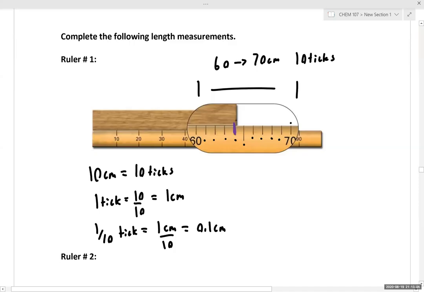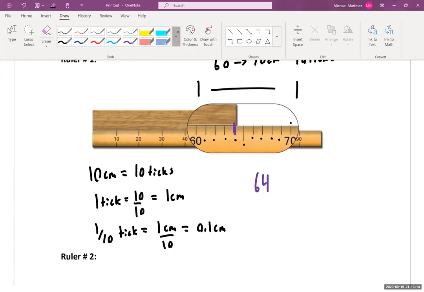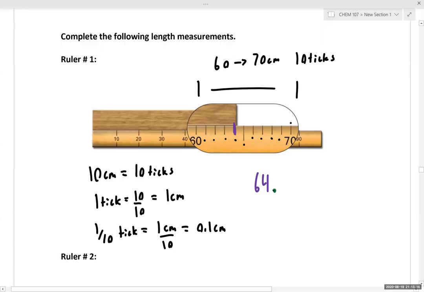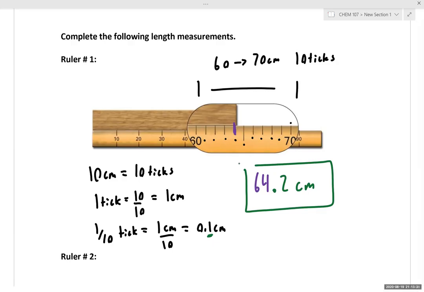We're past the 64 centimeter mark, so we report 64 as our certain digits, and then we estimate one other decimal place in the 10th place. So this would be 64.2 centimeters. Does that make sense to everyone so far?